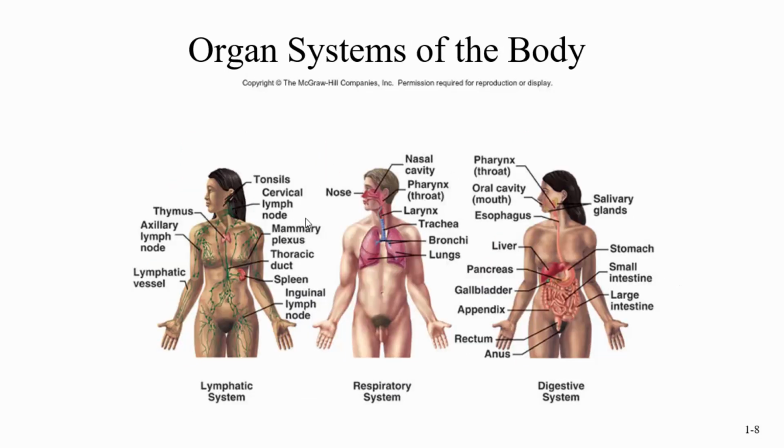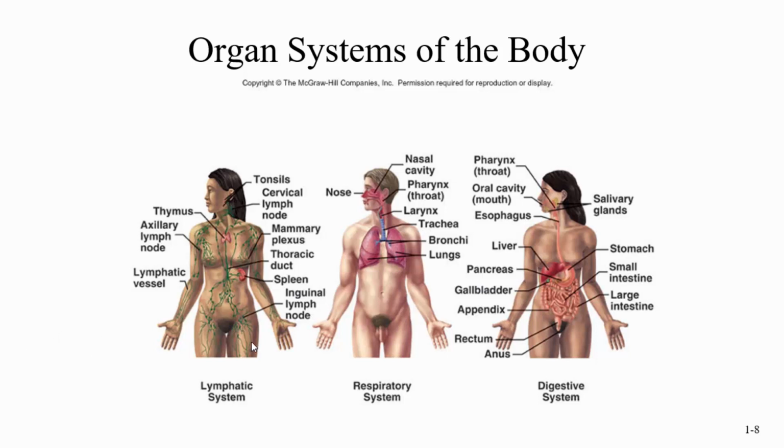Lymphatic system, where we look at the lymph nodes, lymphatic tissue. This is going to be part of your immune system. That's part of it. The other part of it is it helps regulate body fluids in the tissues.